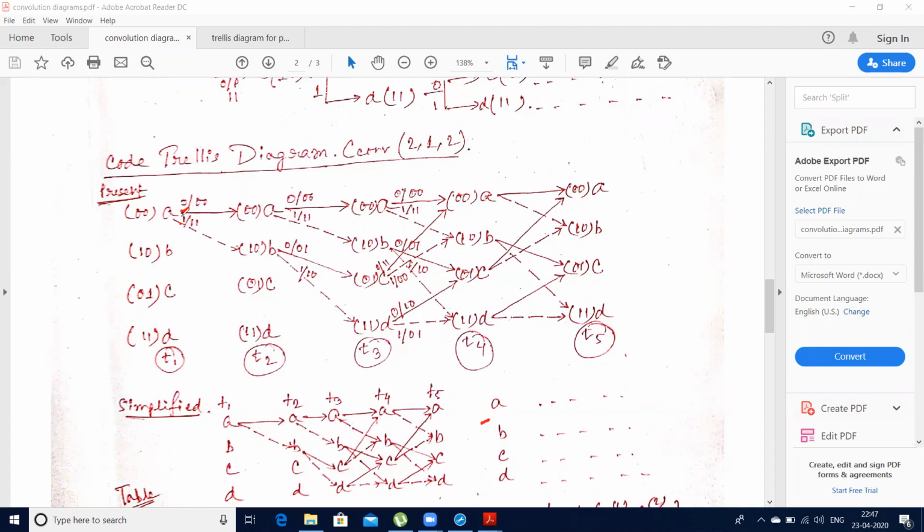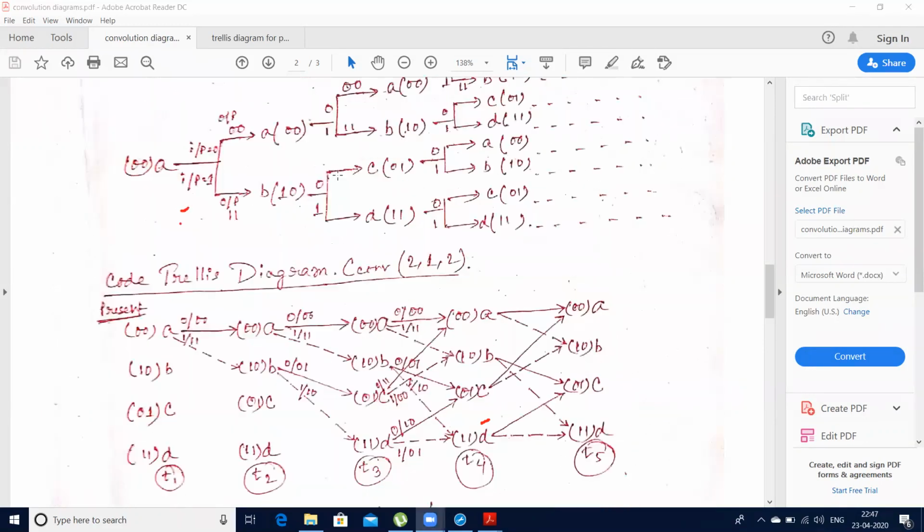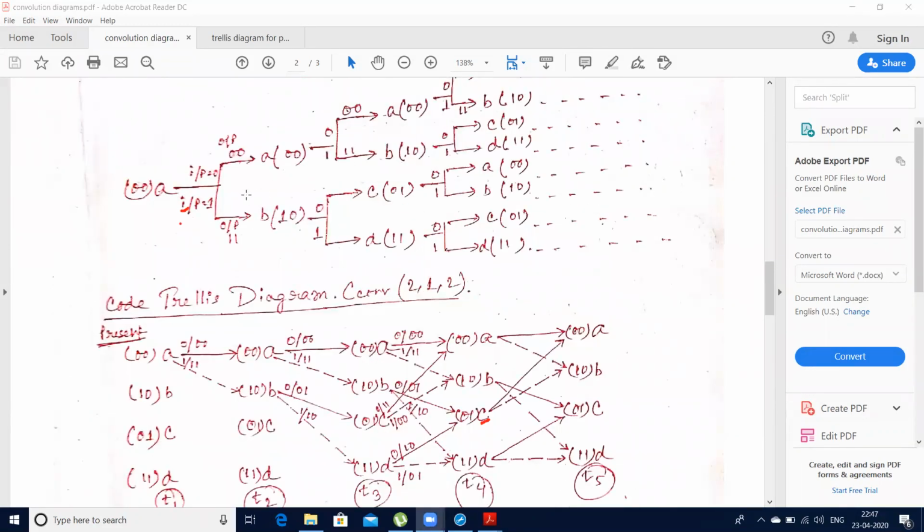So this is A. You can compare with the tree also. This was my tree.